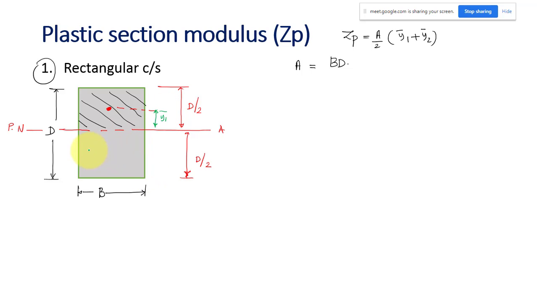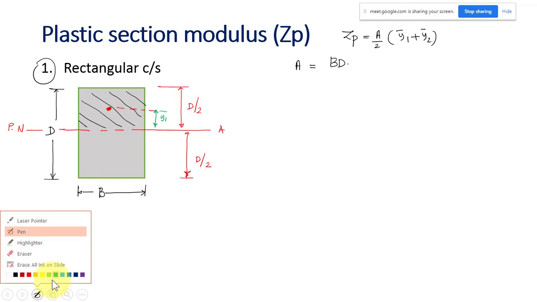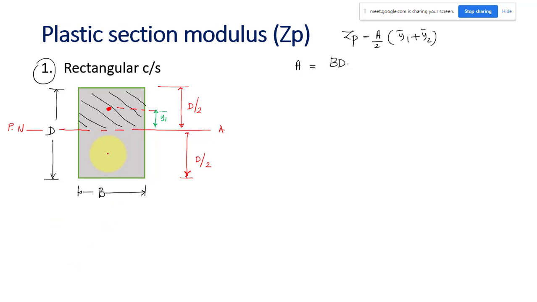Similarly I will be having the CG of the area under tension, and this is your y2 bar. It is a very simple case ultimately. We can directly write the value of y1 bar and y2 bar, that is d by 2 by 2, so d by 4, d by 4.